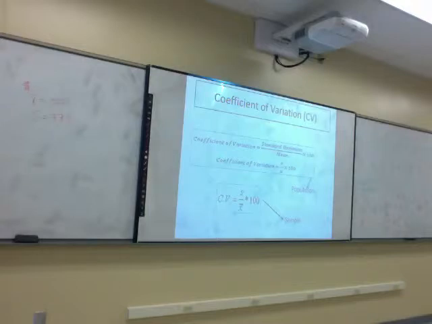Now coefficient of variation equals the standard deviation of the data divided by x bar times 100%. This should give me 5 divided by 87 times 100%, which is about 5.75%.